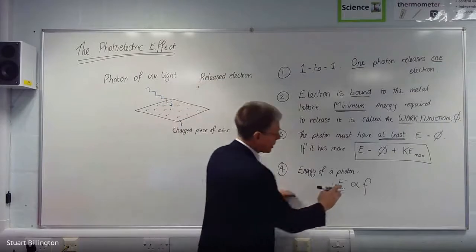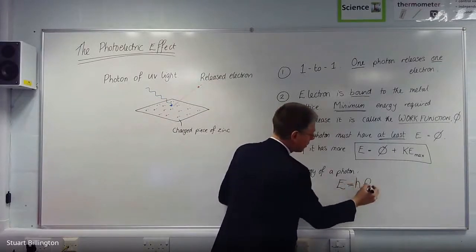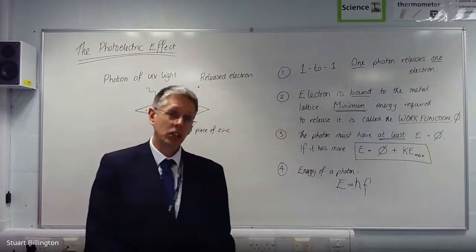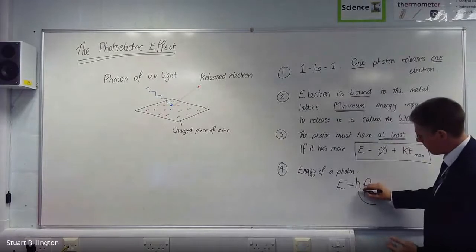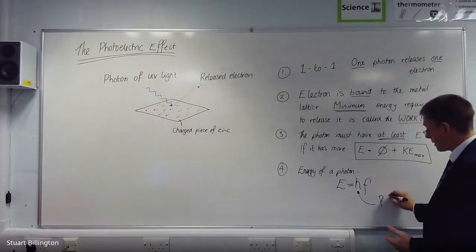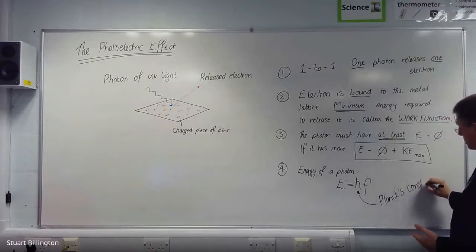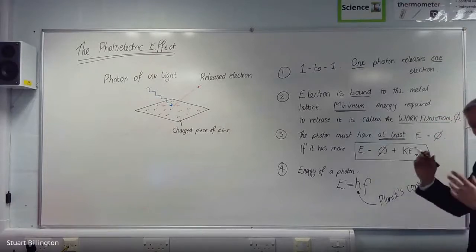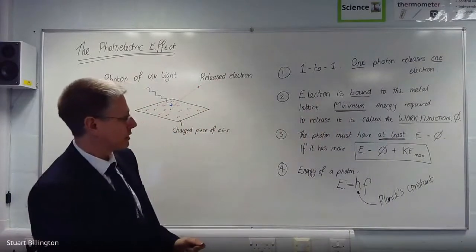And he actually put in a constant of proportionality there, and he called the constant of proportionality h, and that is known, or I think he made sure it was called, Planck's constant. Every time I write Planck's constant, I have this little moment where I can't remember if there's a c in it or not, but I'm pretty sure there is.